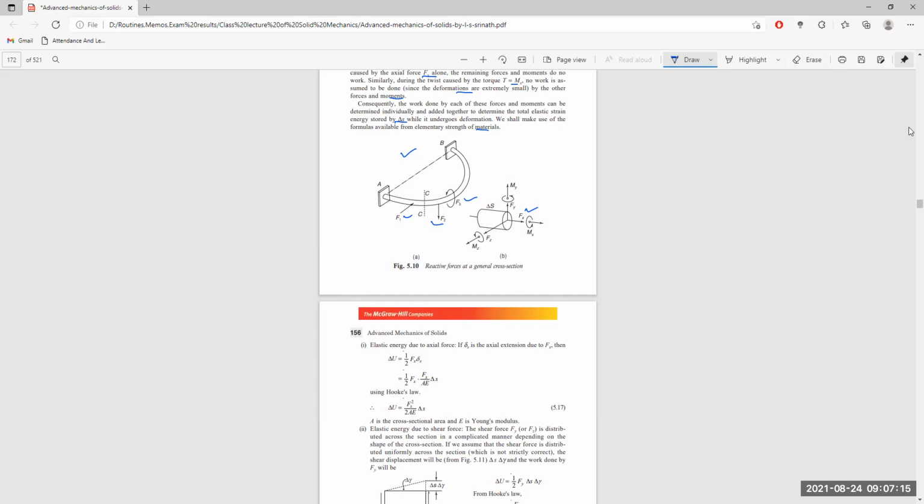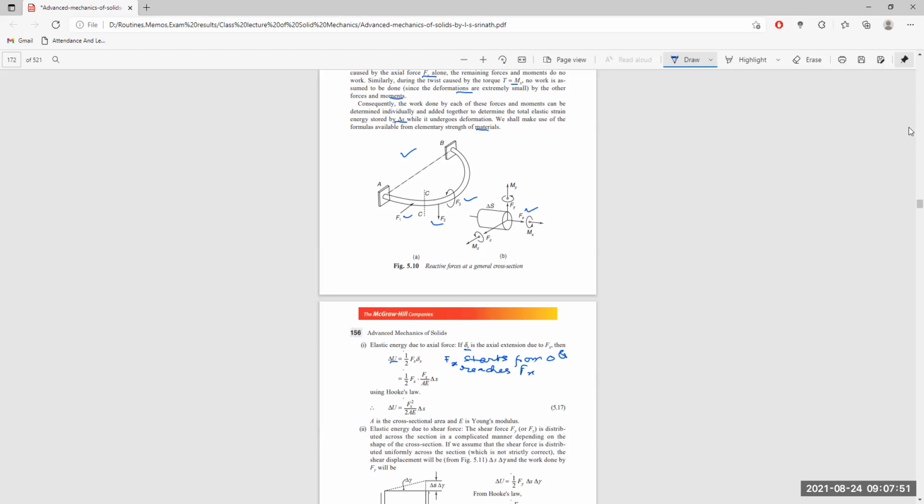Now, first of all, let us go through the axial forces. If delta X is the axial deformation due to Fx, then the strain energy stored, delta U, is half Fx multiplied by delta X, where Fx starts from 0 and reaches Fx.